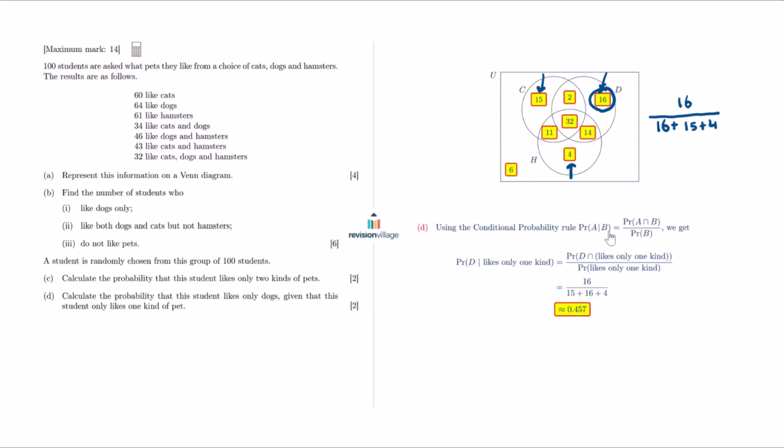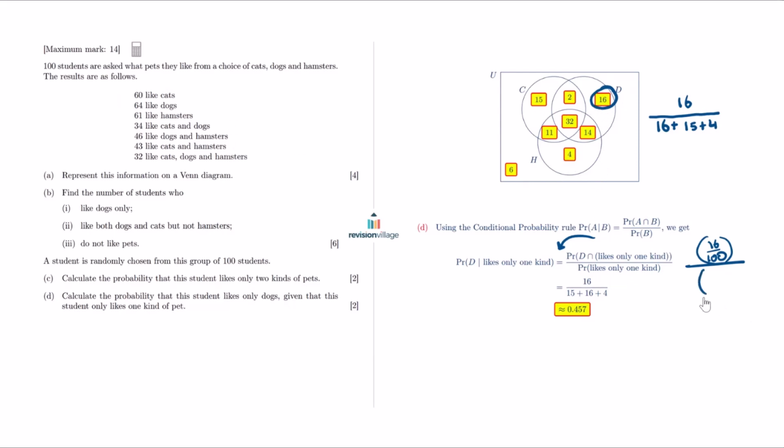Converting this into the context of our question, it says the probability of a student liking dogs given that they only like one kind will equal, on the numerator, the probability of dogs and only one kind. So that is 16 out of a total of 100, divided by the probability of only one kind, which is the addition of 15, 16, and 4 out of a total of 100.